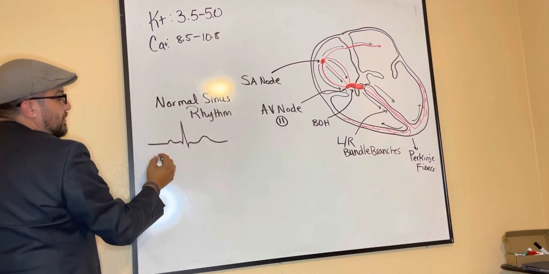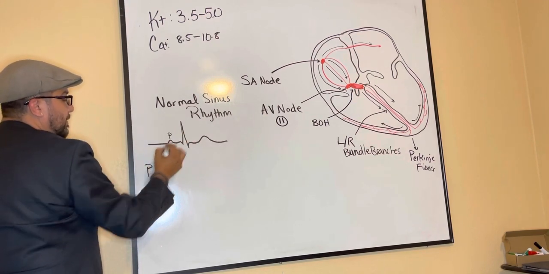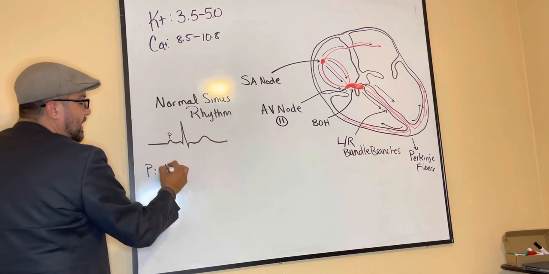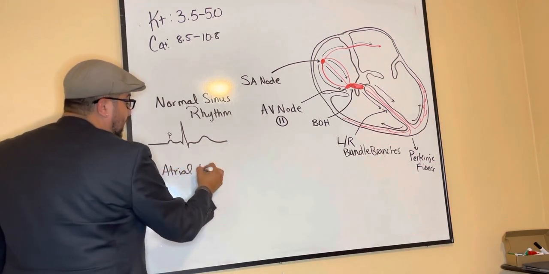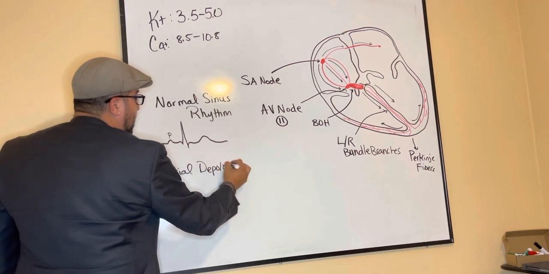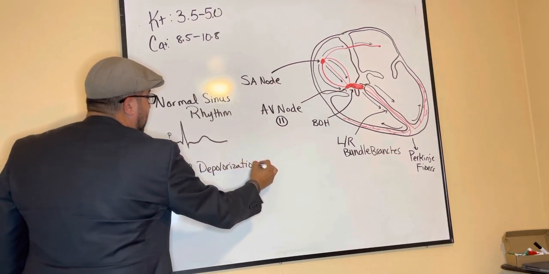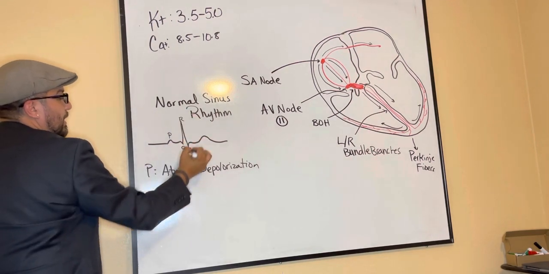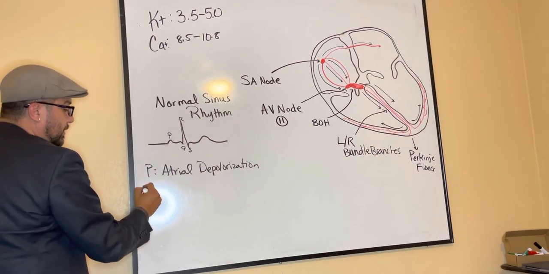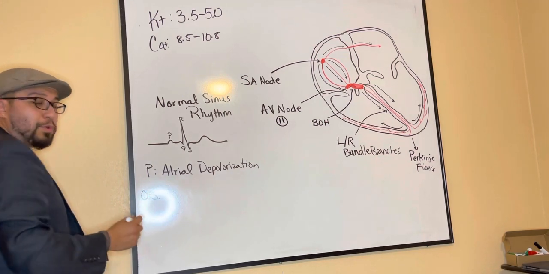Keep in mind that the first P wave, this one right here, represents the atria, and it represents what we call atrial depolarization. Okay, and then we have the Q, the R, and the S, and these QRS represent the ventricles.